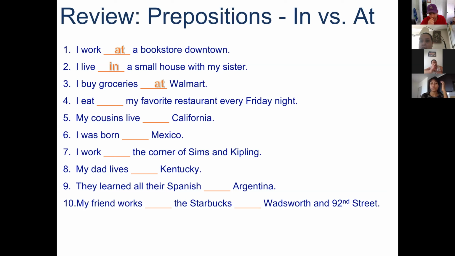I eat at my favorite restaurant every Friday night. My cousins live in California. I was born in Mexico. I work at the corner of Sims and Kipling.